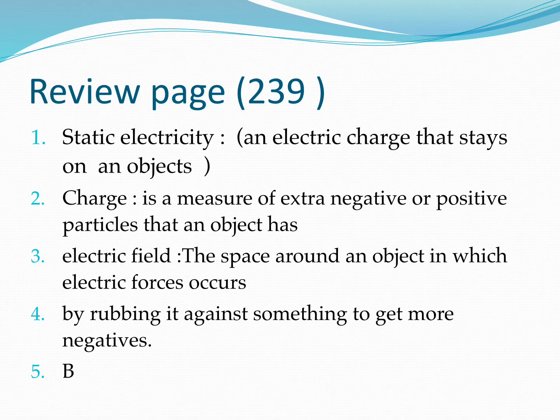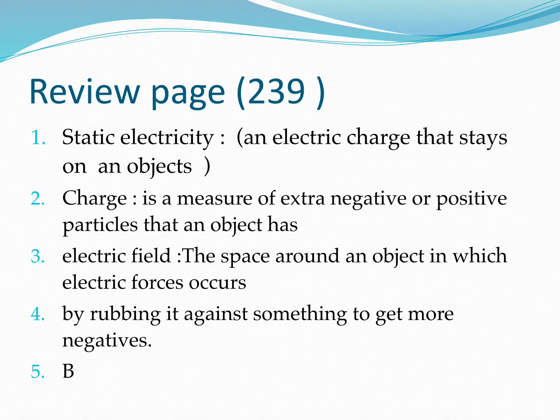So you need to make it gain more negative charge in order to neutralize it. Okay, how can I possibly make it gain more negative charge? It's easy. The answer is by rubbing it against something. So your answer should be by rubbing it against something to get more negatives.